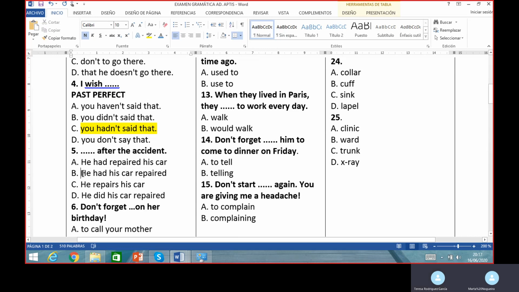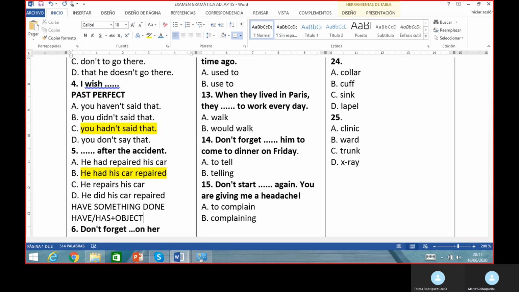Number 5: He had his car repaired. This is the causative. This is like a passive. And in these things, you are going to have this structure.